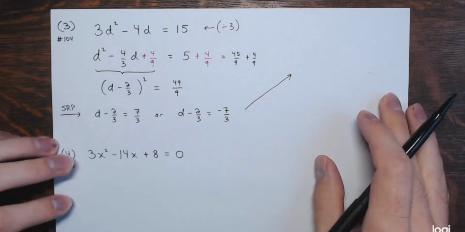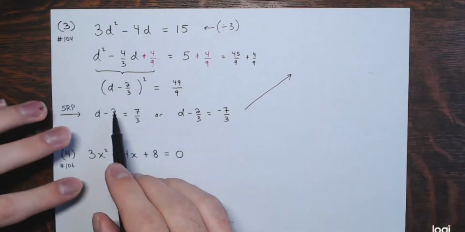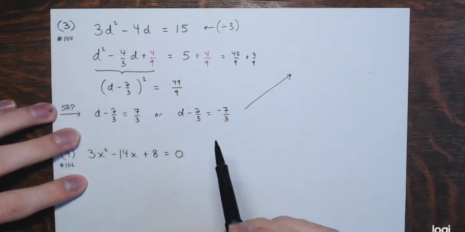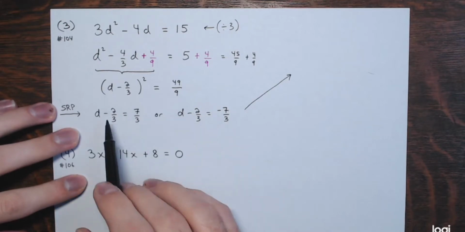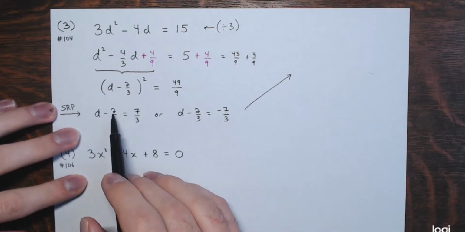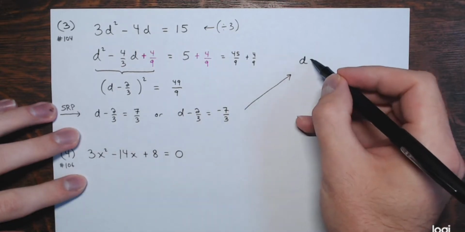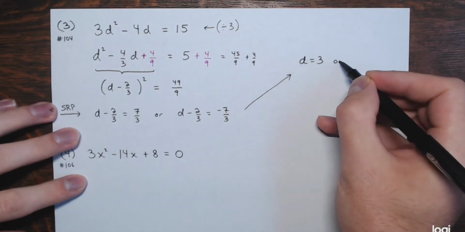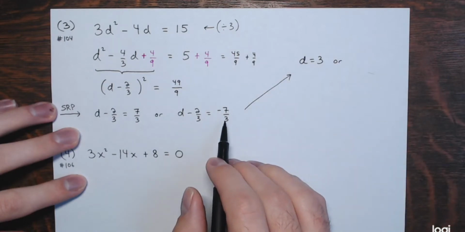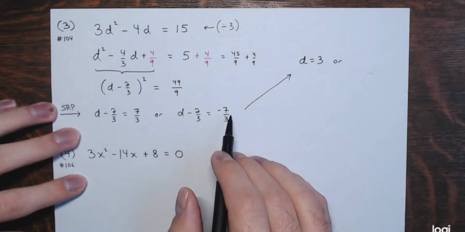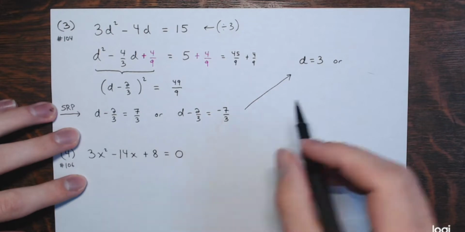We just solve each of these for d by adding 2/3 to both sides. So here if I add 2/3, 7/3 plus 2/3 is 9/3, which is 3. We get d equals 3. And here negative 7/3 plus 2/3 would be negative 5/3.